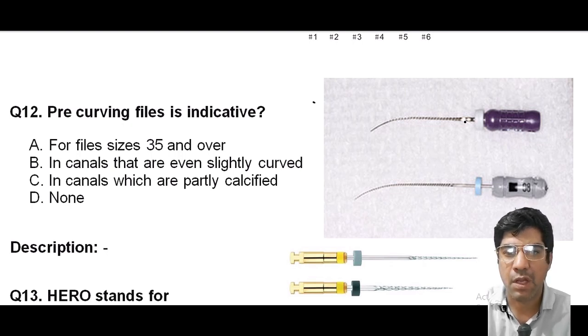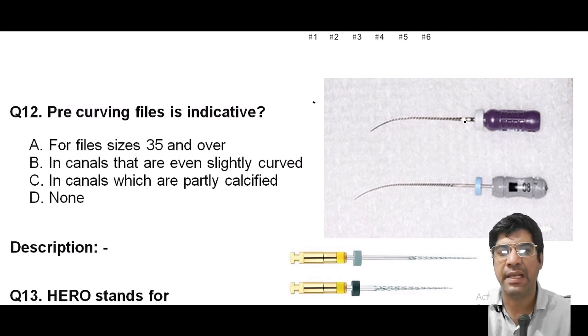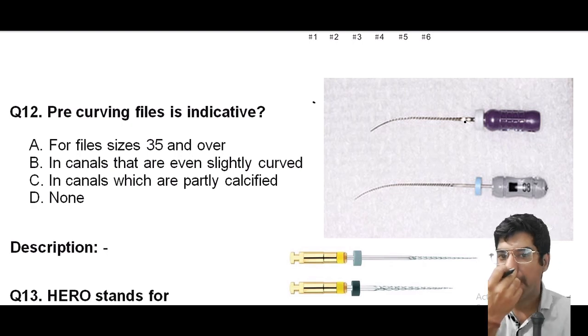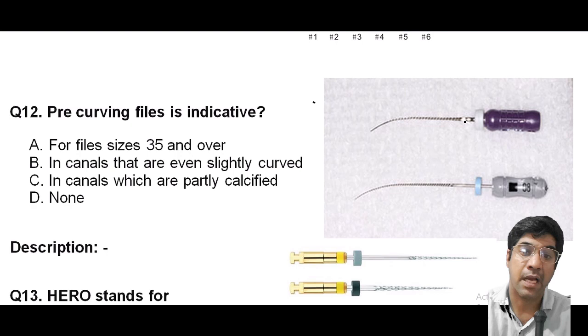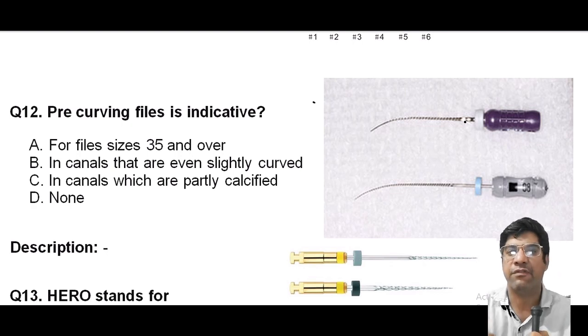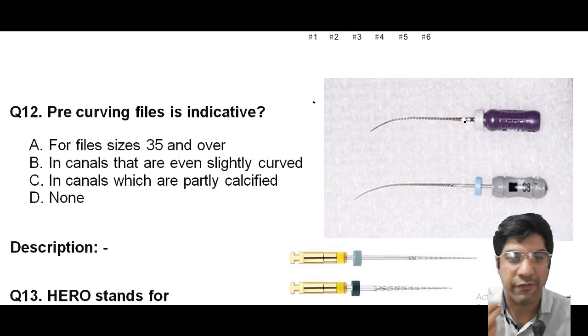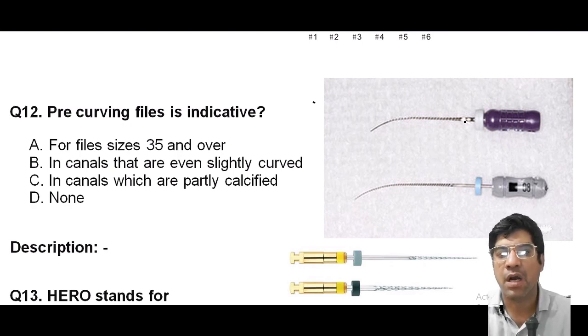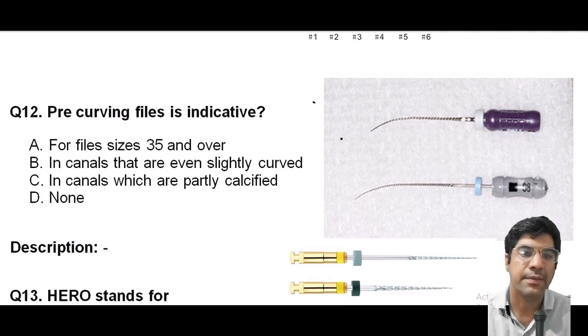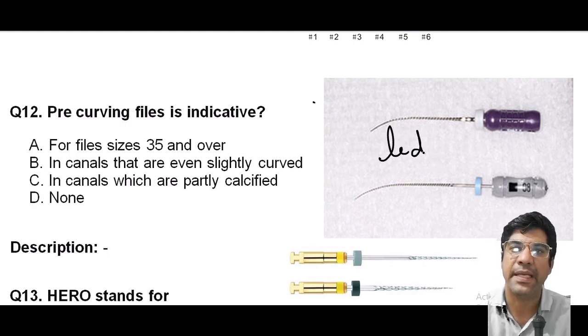The decision to pre-curve a file depends upon the specific canal curvature and the characteristics of the file being used. For smaller, more flexible files, pre-curving can help them navigate through curved canals more effectively and prevent complications like ledging and transportation.